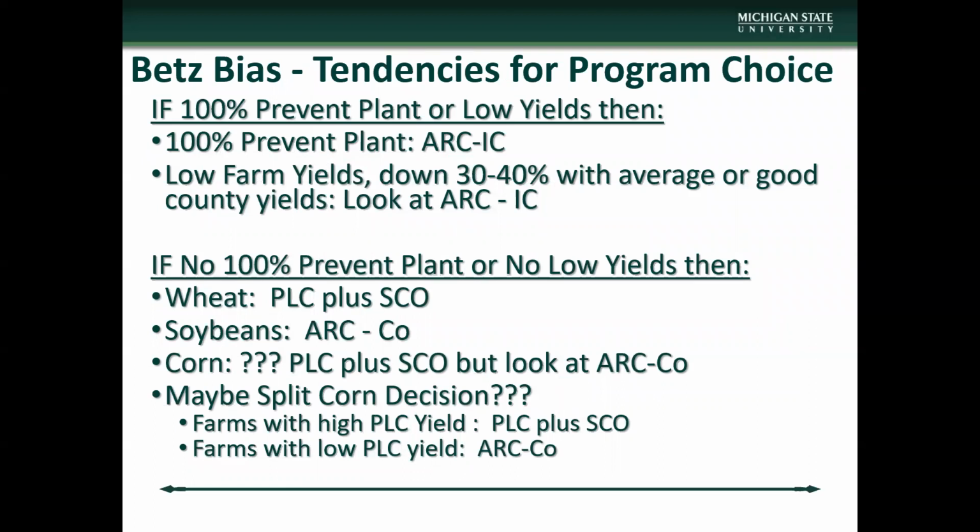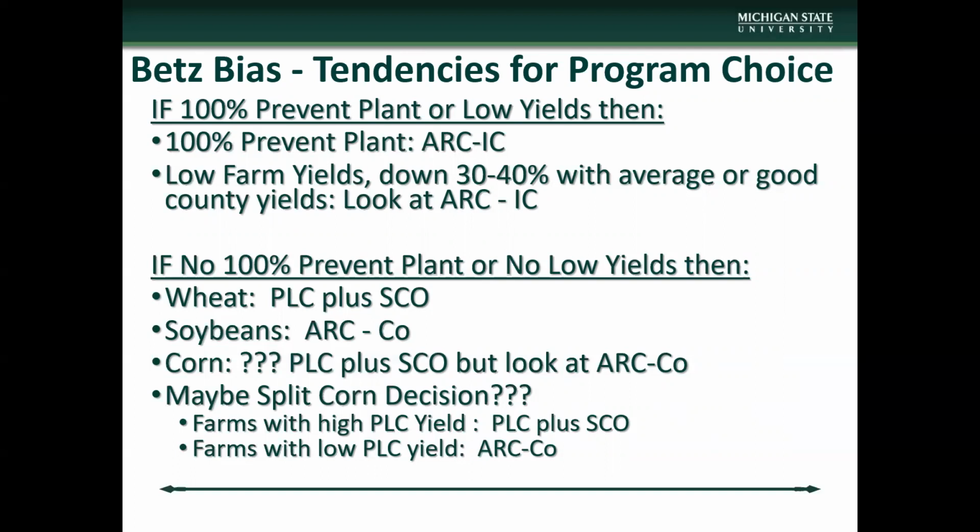Okay, so as I said on a previous slide, it's important to do this information for your specific county and for your specific farm. The decisions are going to vary across counties, across farms, but there are some general tendencies we know just based on the market environment and the type of crop year we've had in 2019, which will help you decide as a general rule of thumb.